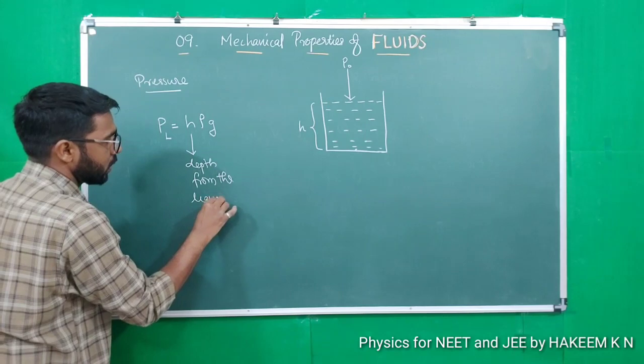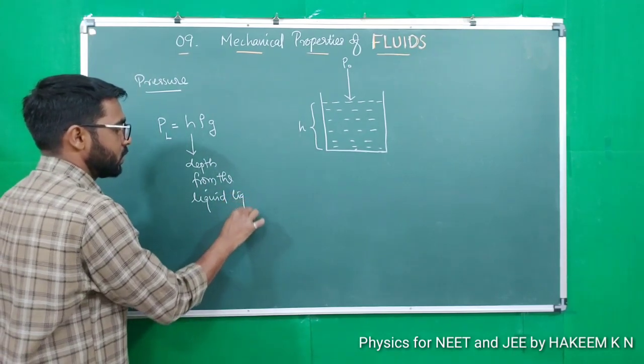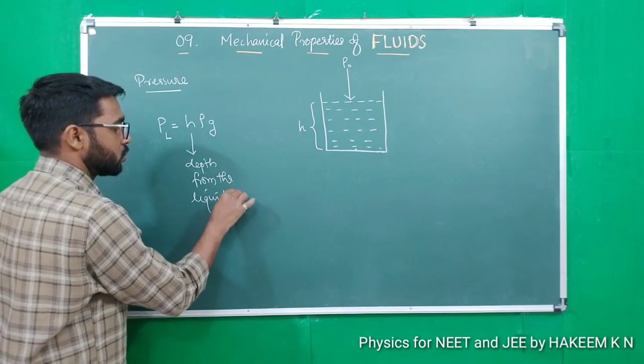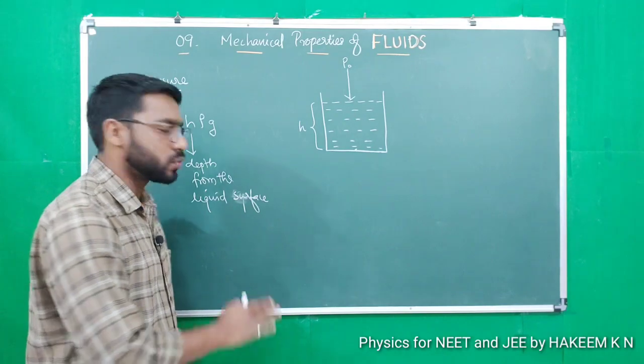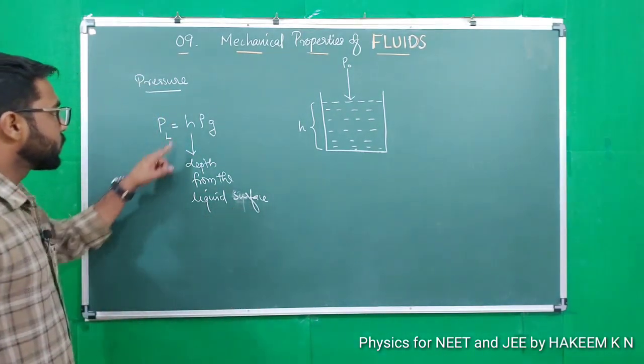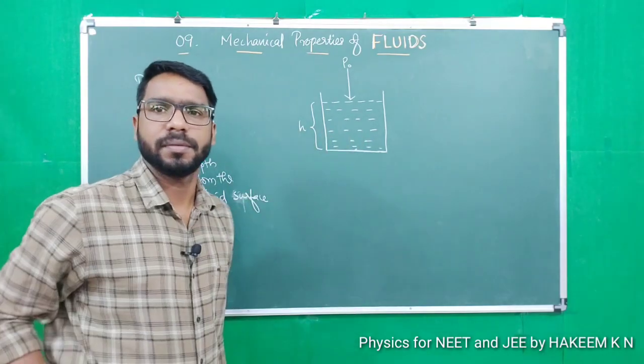Rho is the density of liquid, and g is the acceleration due to gravity. So this is the pressure due to liquid, PL.